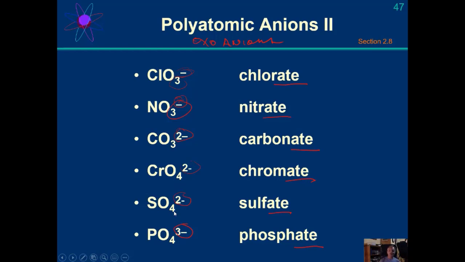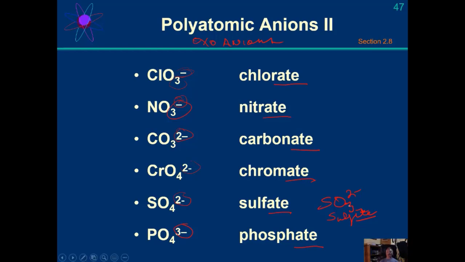So you tell me, if I had, instead of sulfate, SO3 with a 2- charge, what would that be? Well, it's not sulfate because SO4 with a 2- charge is sulfate. This would be sulfite.